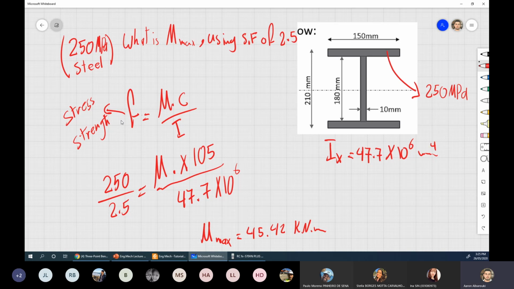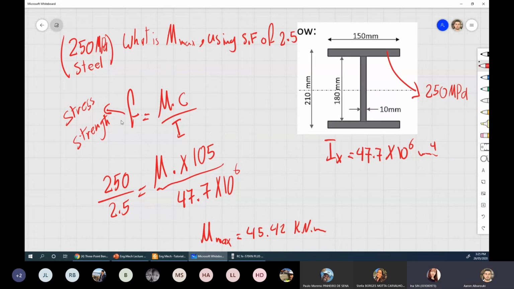So always think about it logically, guys, so you can make your judgment on it. Your value should be on the safer side. Which one is more safe? Have a larger moment or a smaller moment? Yeah, that's a problem because when I calculate and analyse the structure, I just put the safety factor in, not by hand.